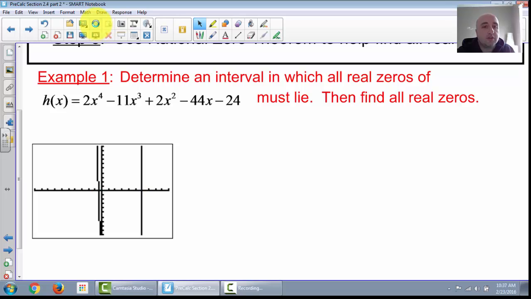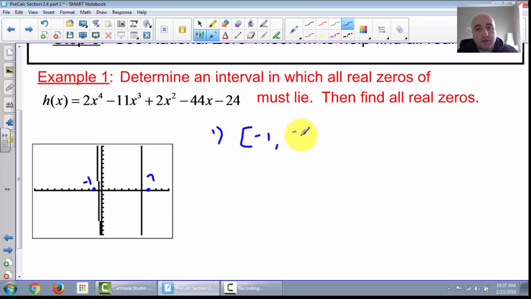The one on the left is at -1, and the nearest whole number on the right is at 7. So everything is between -1 and 7. That helped us narrow down a bunch of them, and you'll see how. So step 1 is to find the interval of numbers where your zeros are, between -1 and 7.